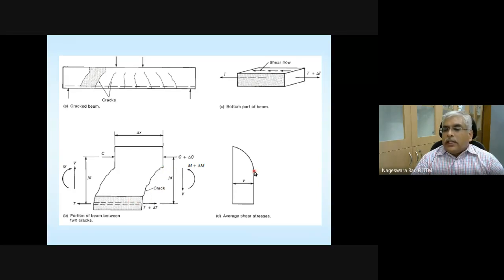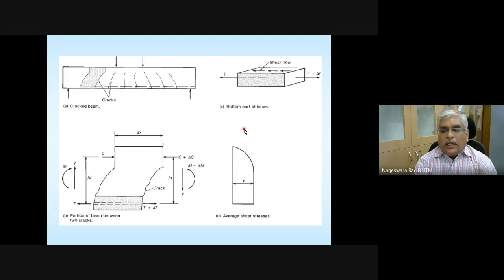So shear stress is going to be constant below the neutral axis till the level of the reinforcement. Please take a note of this. That is going to be the difference between the shear stress distribution for a homogeneous uncracked section and this reinforced cracked section.